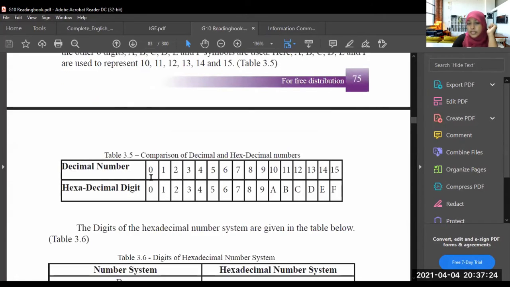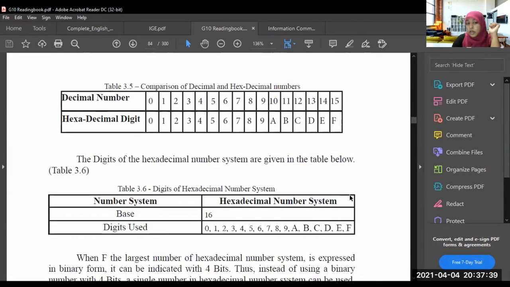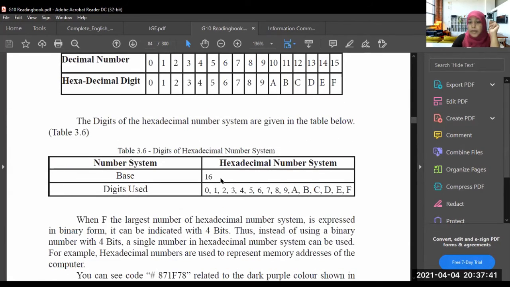So these are the decimal numbers 0 to 15. That means 16 characters are there. We are using 0 to 9, and instead of 10 to 15, we are using A to F. So the base of the hexadecimal number is 16 and the digits used in hexadecimal numbers are these.